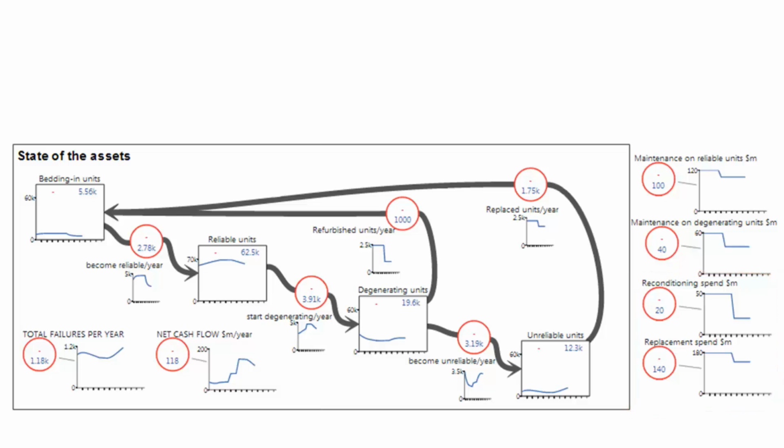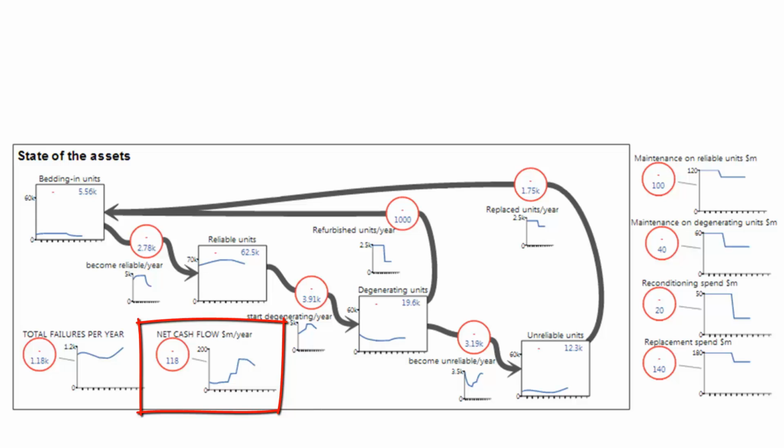If you look at the bottom left of the diagram, you can see that failures stayed at a reasonably low level but are now starting to rise. But the company was very successful in achieving its financial aims. The cutback in maintenance first increased its net cash flow in a quite substantial step about year 8, and then in year 10 or 11, when they cut back on capital expenditure as well, the cash flow got very strong.